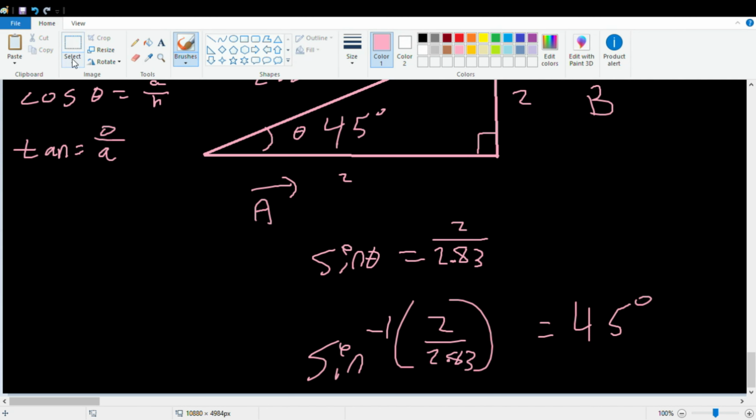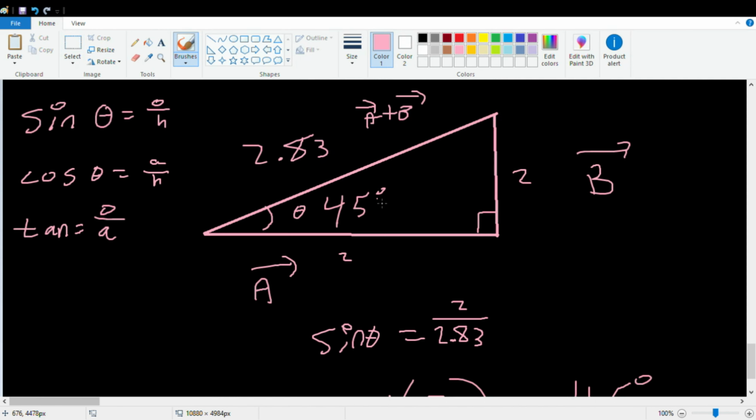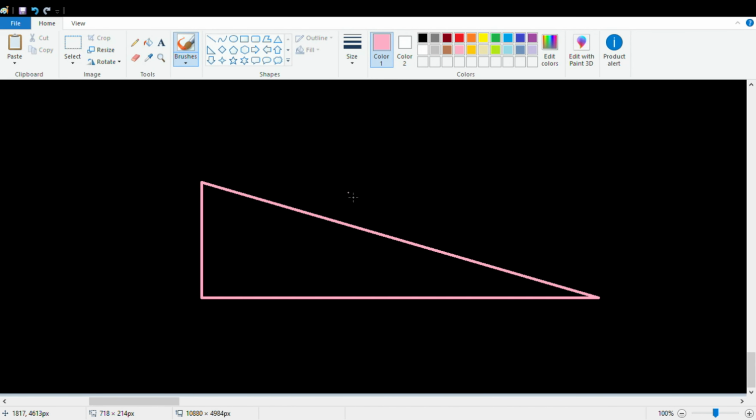Now, if y'all are given the angle and 2 out of 3 side lengths, you could use these ratios to find the third length. However, if you are given the magnitude of only the hypotenuse and the angle, it is actually still possible to find both of these side lengths right here.